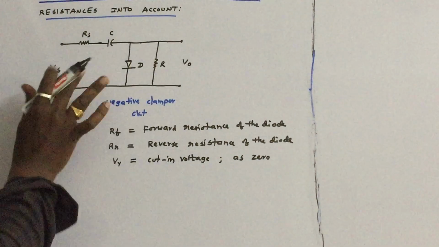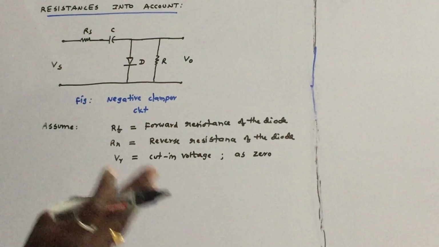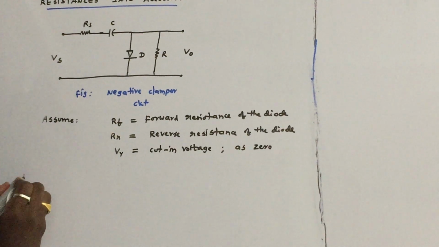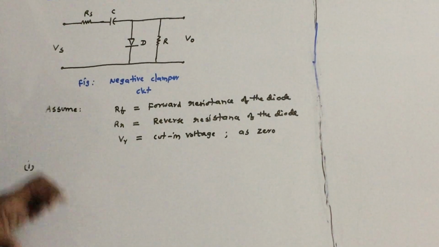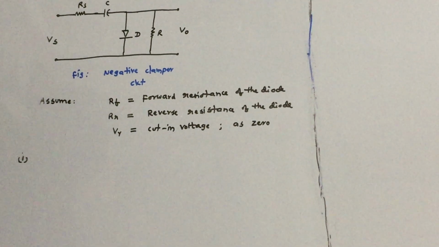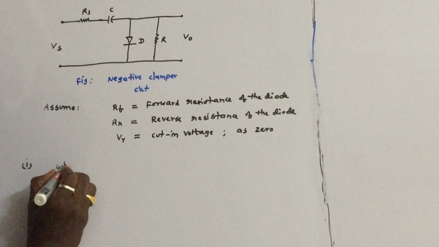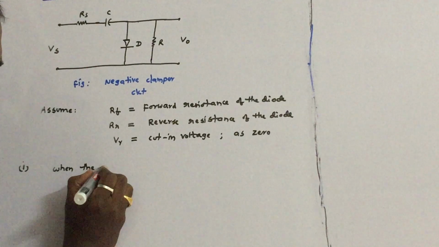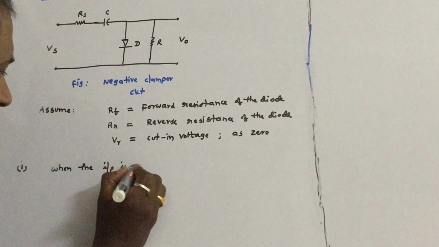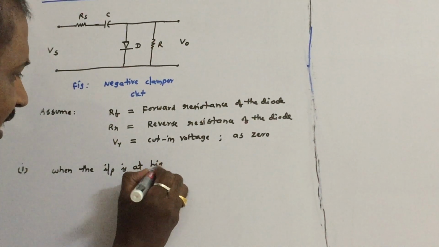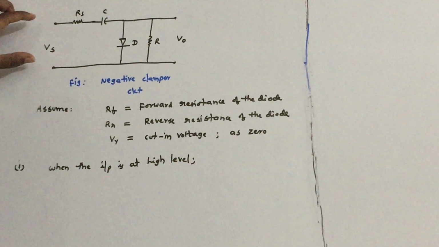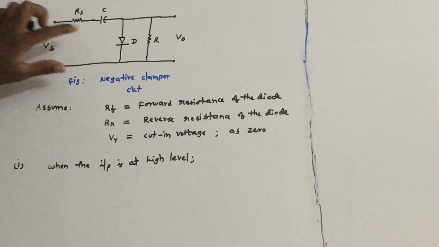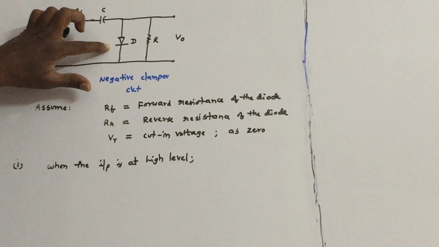So I divide this circuit into two conditions, case 1 and case 2. We will form two equivalent circuits, which are very important for the coming sessions. When the input is at high level, the diode is forward biased.